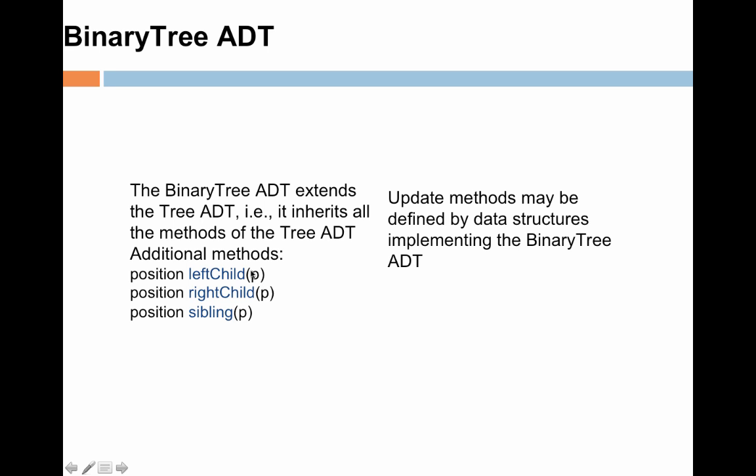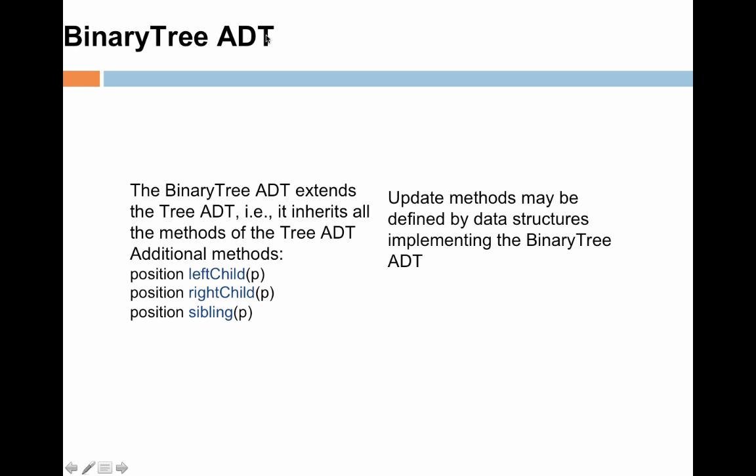If P is a node, the left child is a pointer to a special child which is called the left child of P, and the right child is a pointer to a special child which is called the right child of P. By the definition of these additional methods, every node has at most 2 children. Such a tree is a binary tree.